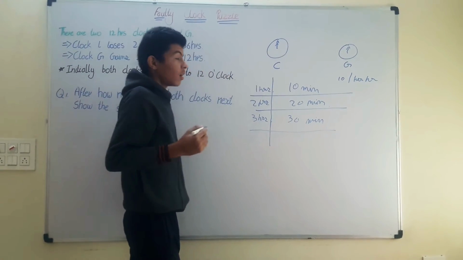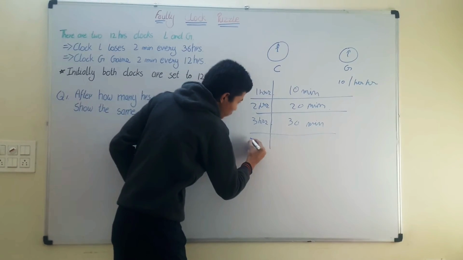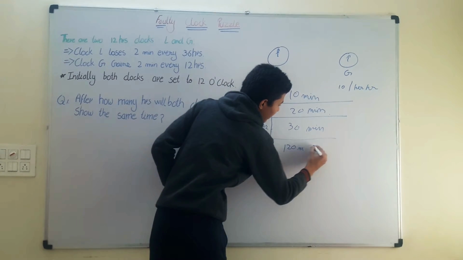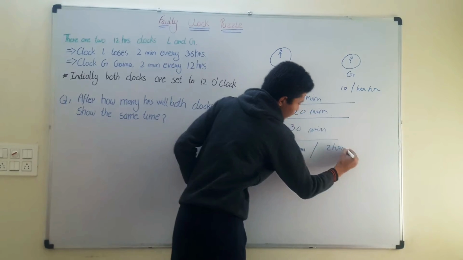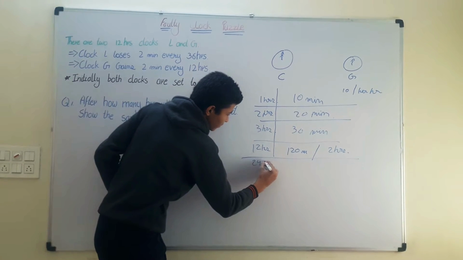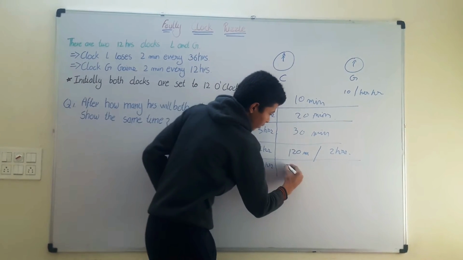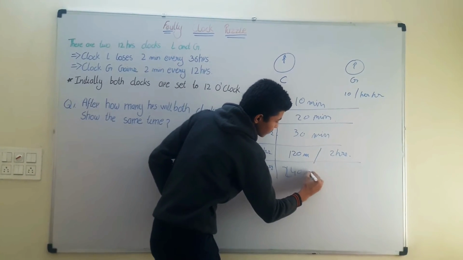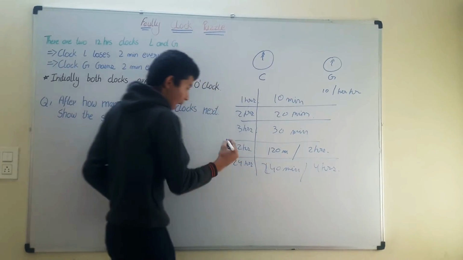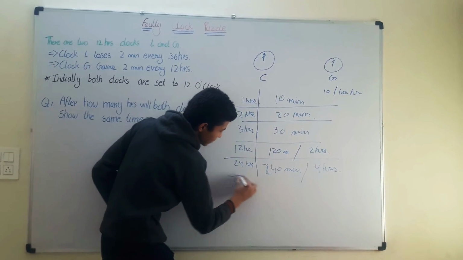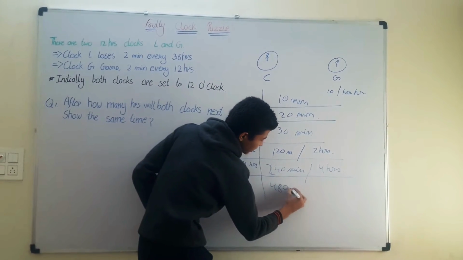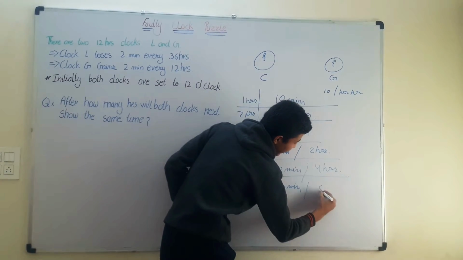In the same way, when it would be 12 hours, it would show 120 minutes, that is 2 hours. At 24 hours, it would show 240 minutes, that is 4 hours. At 48 hours, it would be 480 minutes, that is 8 hours.